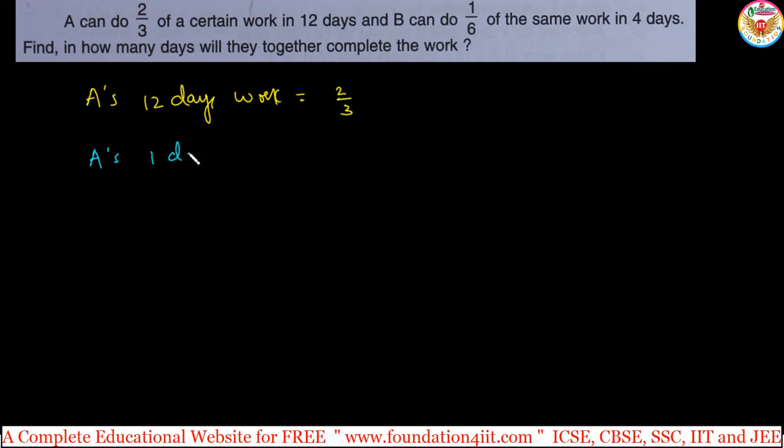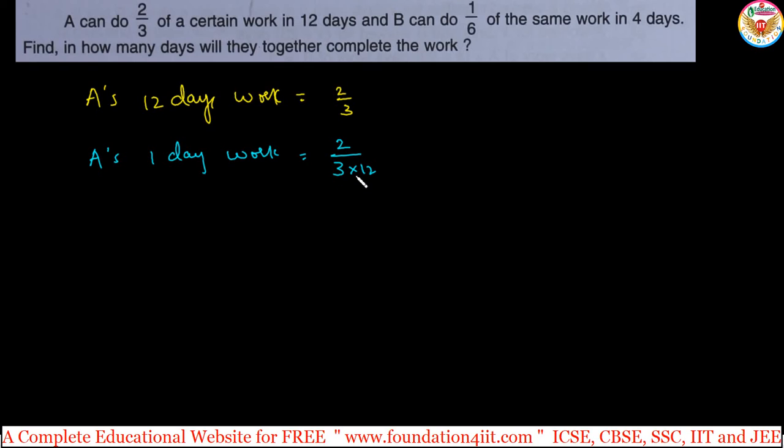So A's 1 day: how much can A do in 1 day? In 12 days he can do 2 by 3. So 1 day's work is the 12 days work divided by the number of days. That means 2 by 3 divided by 12, which is 2 by 3 into 1 by 12.